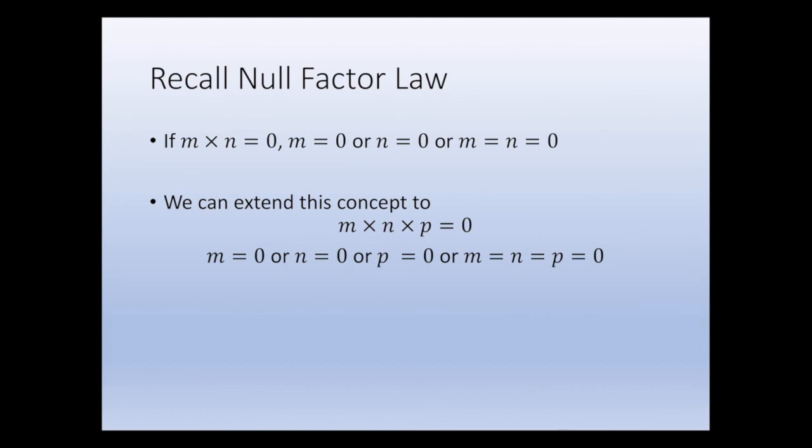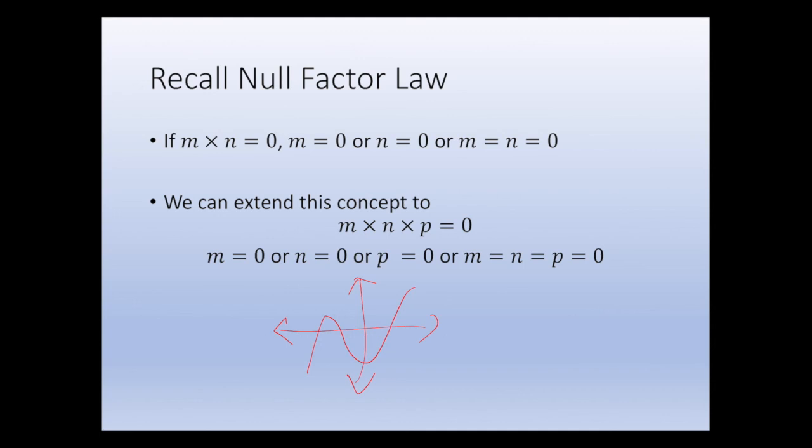Now, let's recall the null factor law. If we know that m times n equals 0, then m is 0 or n equals 0, or m equals n equals 0. Again, we can extend this concept to m times n times p. So m could be 0, n could be 0, or p could be 0, or all three of them could be 0.